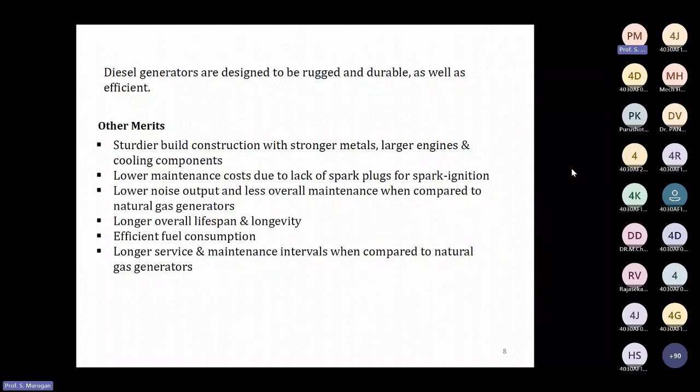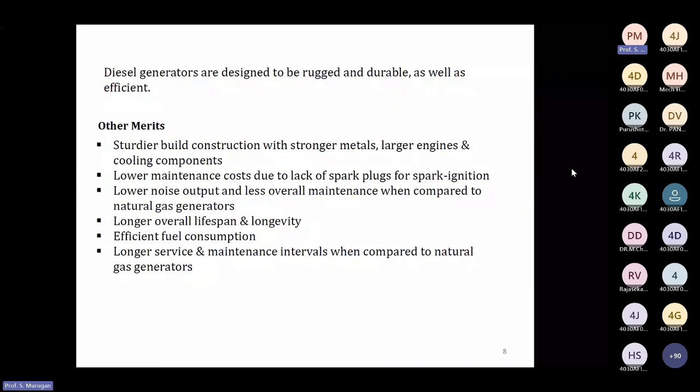But in a stationary CI engine, you can easily adopt a carbon capture unit which can capture the CO2 emitted from the engine. Now, if you see this diesel generator, which is one classic example of a stationary engine, normally diesel generators are designed to be durable, rugged, robust, and they are also efficient.